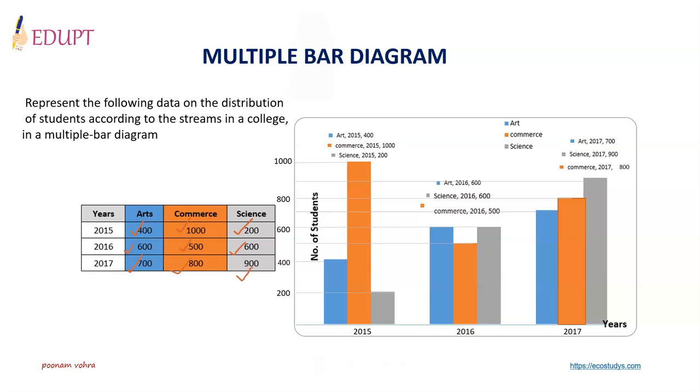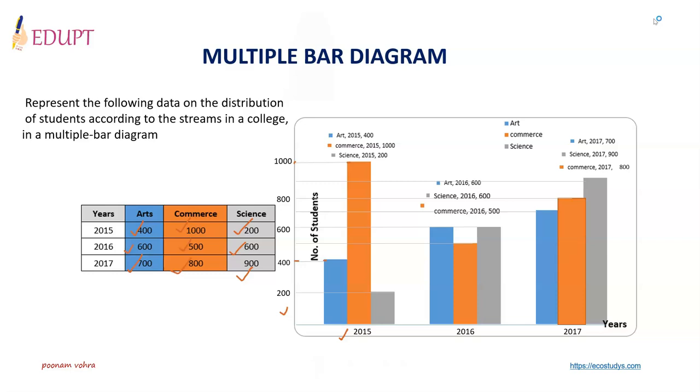Now this data can be shown through a multiple bar diagram, and for that you need to take years on x-axis and the values of the variable, which is number of students, on y-axis. So keep plotting these values. First, for 2015, it is 400 for art students, so we have a point here. And for commerce, it is 1000, so we get these 2 points.